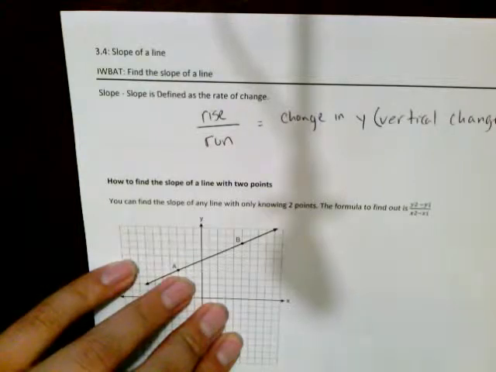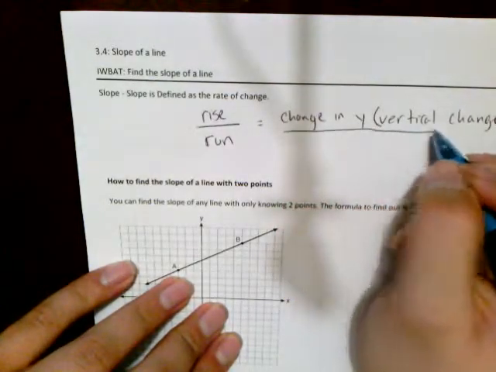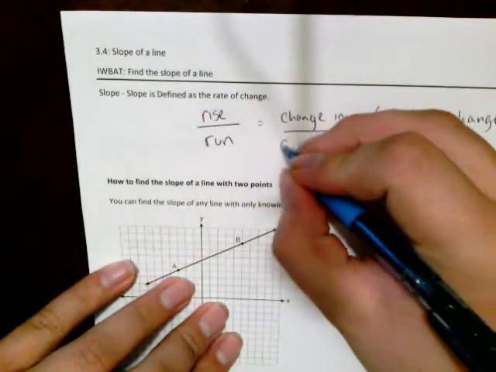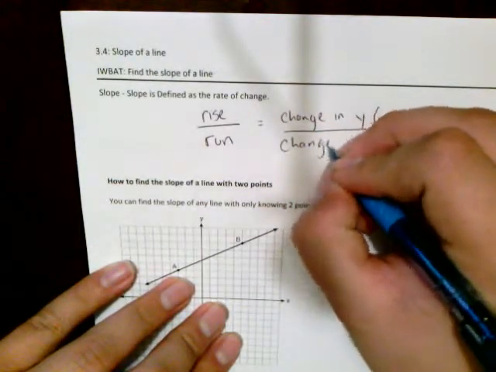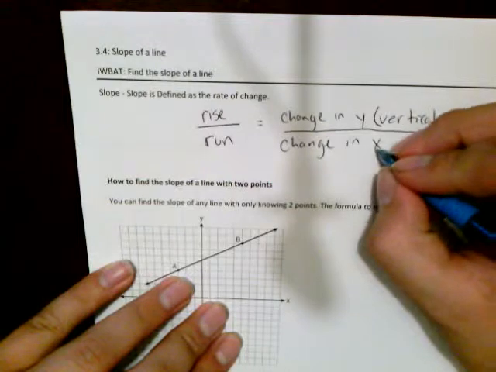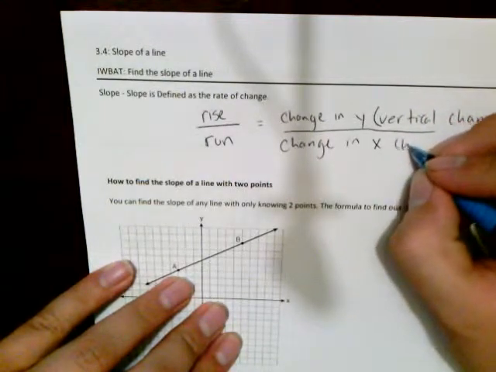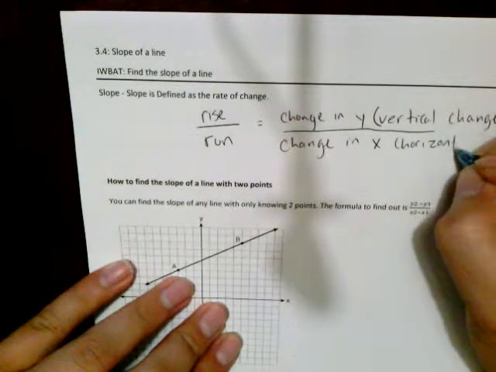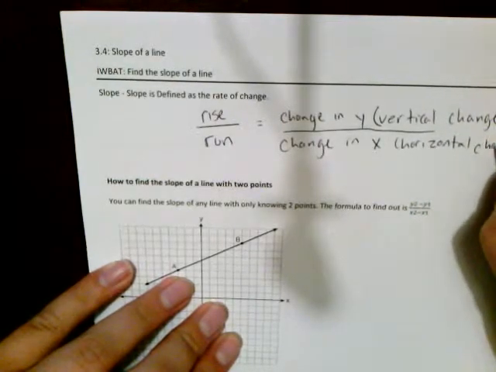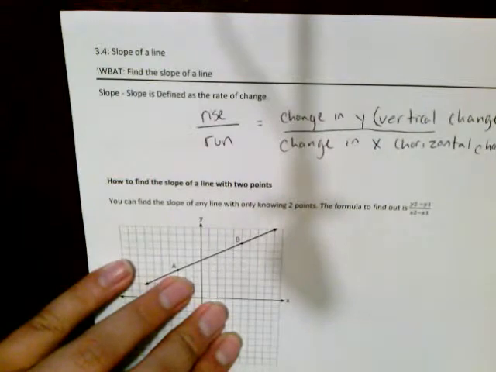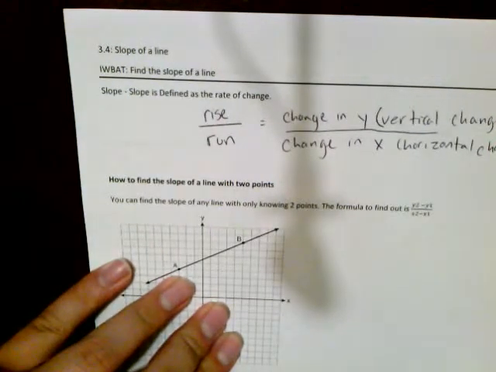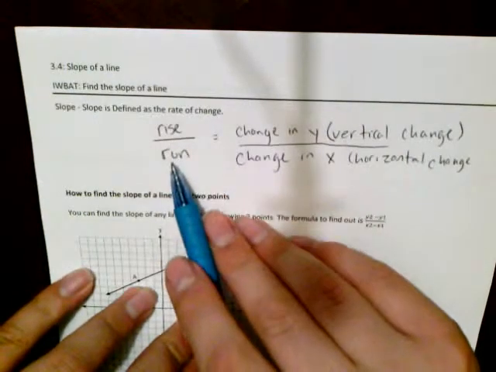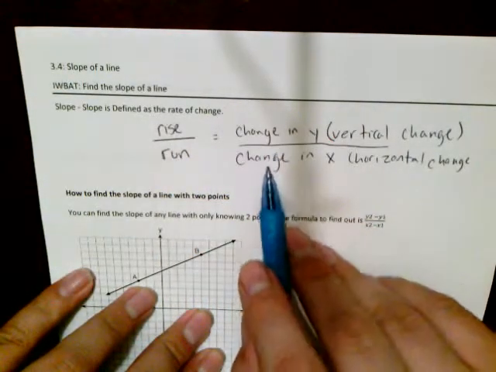Now your run, you run left and right, it's called your change in x, or your horizontal change. So, rise over run, or change in y over change in x.